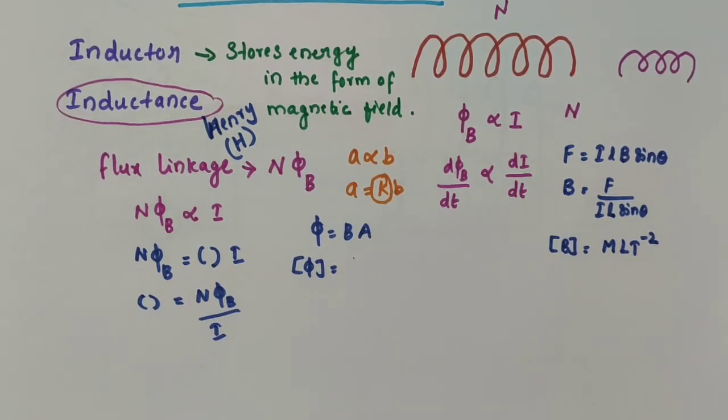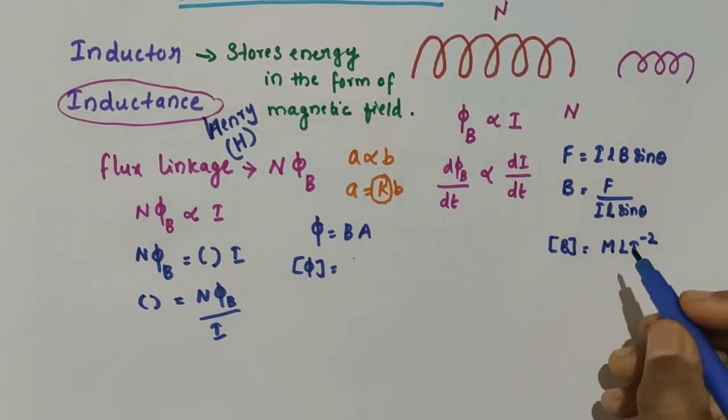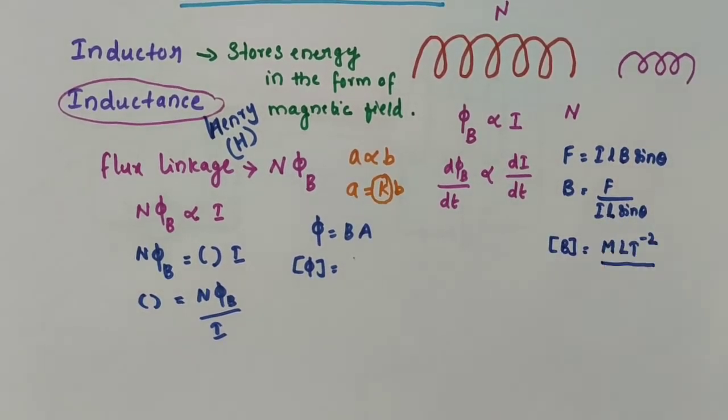So mass into acceleration, its dimension will be M L T raised to minus 2, divided by the dimension of current. What will be the dimension of electric current?